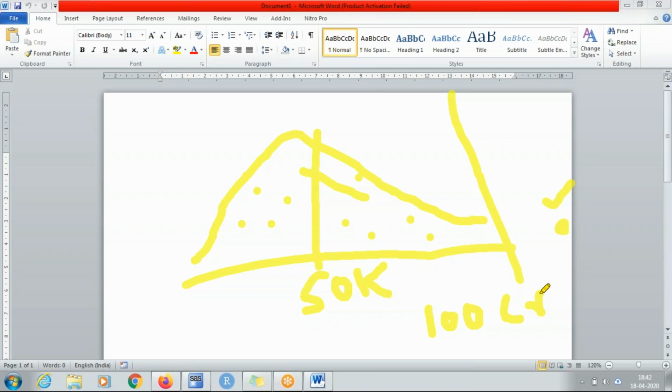So this is a very serious problem in data, right? This is a very serious problem. Now I should know how to identify an outlier first. So in this case, it's pretty easy, right?